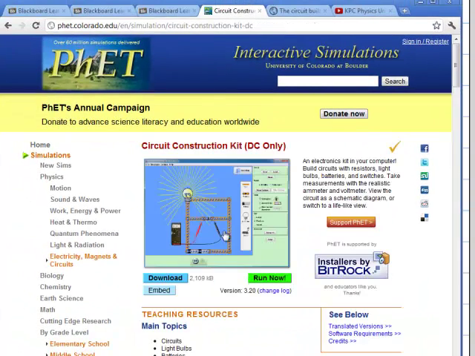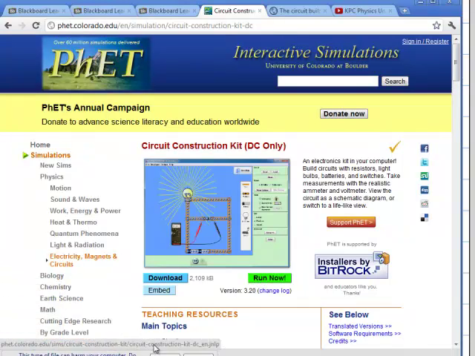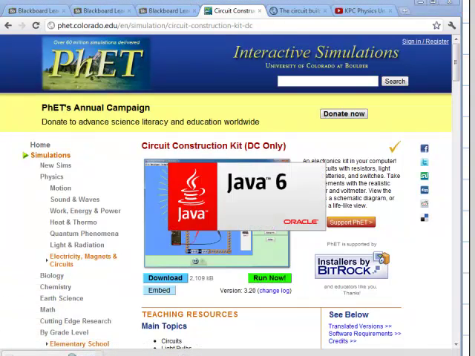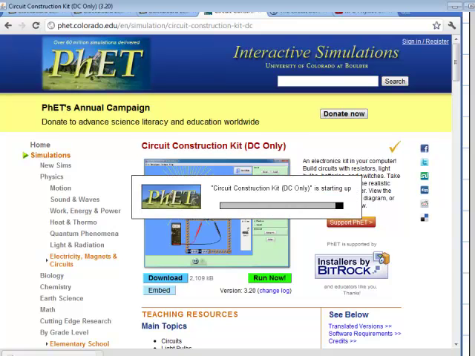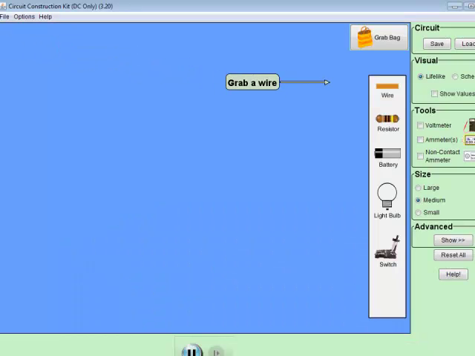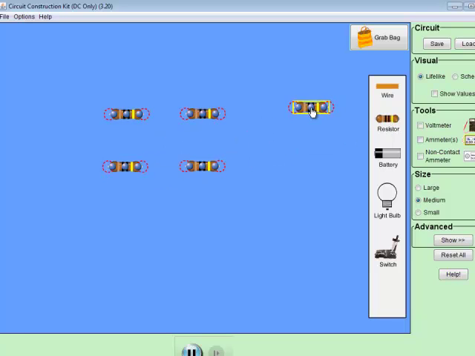So I'm going to click on the construction kit, and that'll take a moment to open. So this is of course from PhET, Physics Educational Technology, from the University of Colorado Boulder. Alright, I'll grab a number of resistors, and it doesn't really matter if I do it like this or like it does in there.